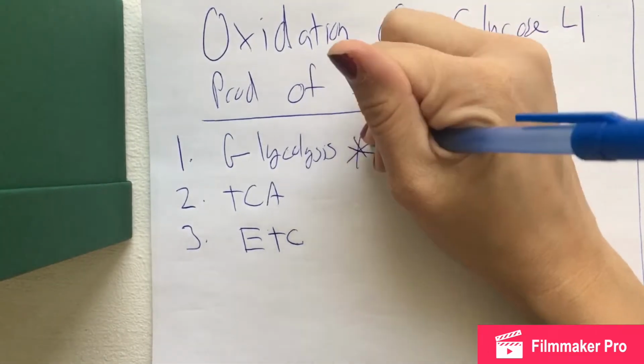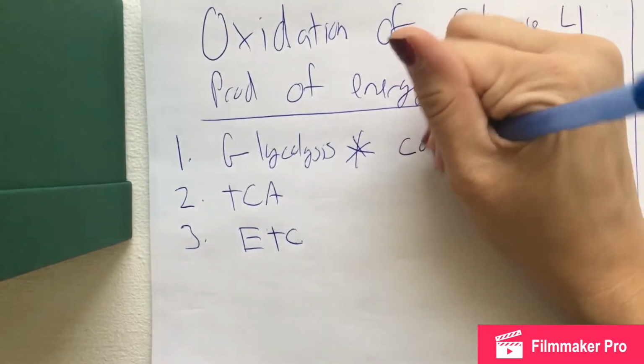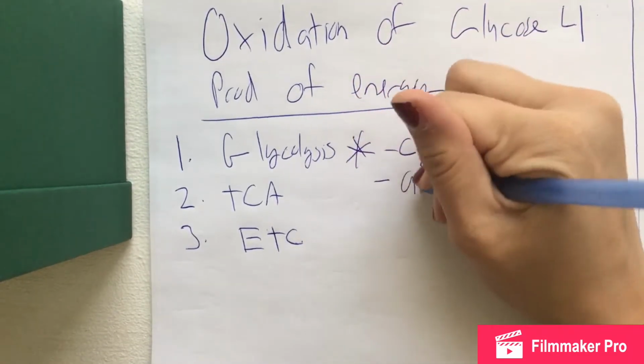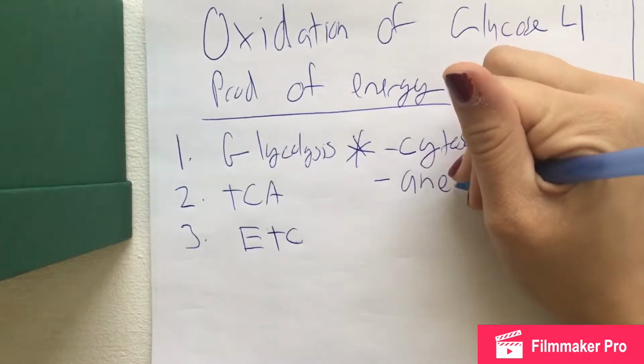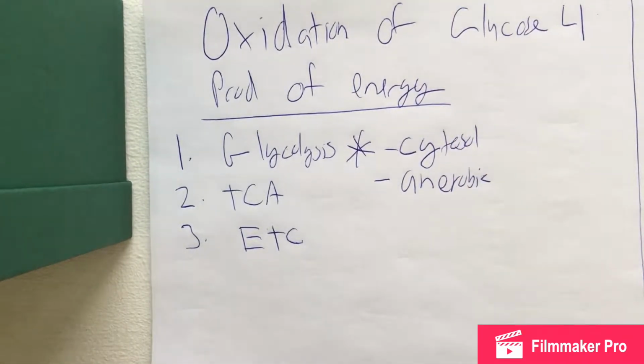We will be focusing on glycolysis in this video, and visuals always help me learn better. Glycolysis takes place in the cytosol, and it's also an anaerobic reaction, which means no oxygen is required.